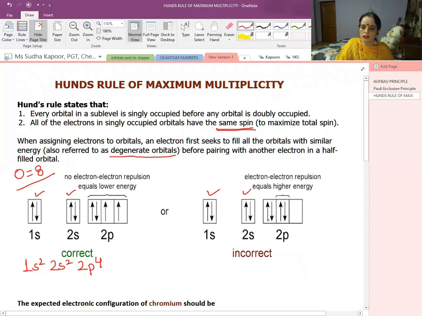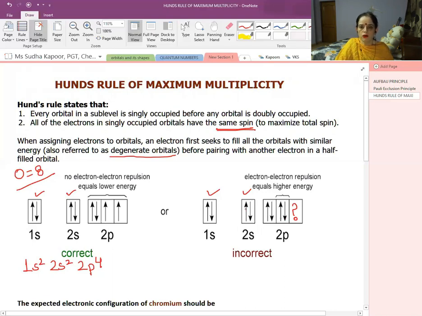If we write in the 3 degenerate orbitals of 2p, one having 2 and the other having 2, one of the blocks is left vacant. But according to Hund's rule, first we have to fill one electron in each degenerate orbital and then it is doubly occupied. So the correct method is 1s2, 2s2, and in case of 2p, the 3 degenerate orbitals are occupied as 2, 1, 1 rather than 2 and 2.